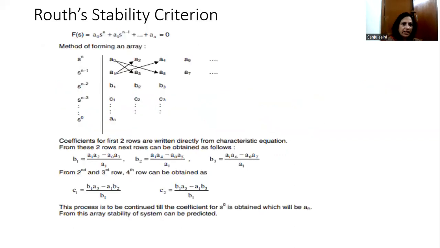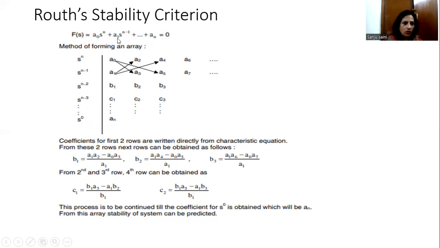Then another criteria for ascertaining the stability of the linear time invariant system is the Routh stability criteria. For that, let us consider a system whose characteristic equation is given by F(s) equal to a naught s to the power n plus a1 s to the power n minus 1, and so on up to an, equal to 0. First of all, we'll make up the Routh array.